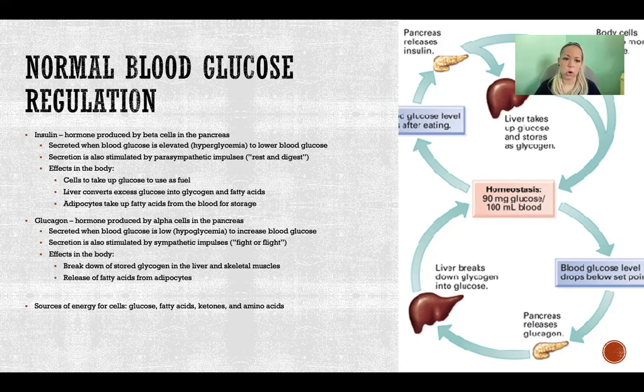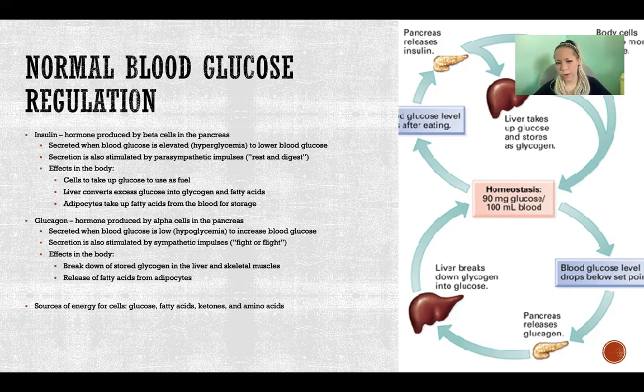That's called gluconeogenesis, as in producing new glucose. We can do that from amino acids and also from fatty acids, but not as readily.